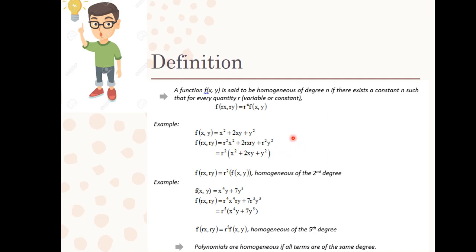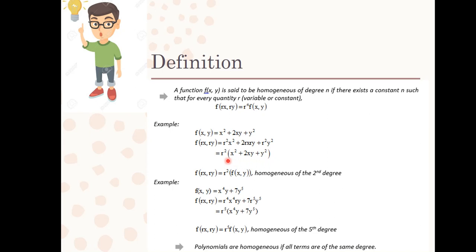Now after that, as I have said, we will factor out the common factor of r in all the terms that we have altered by changing the variables. So in this case, the common factor is r squared in all your three terms. If you factor that out, what you have left is x squared for the first term, 2xy for the second term, and y squared for the last term.